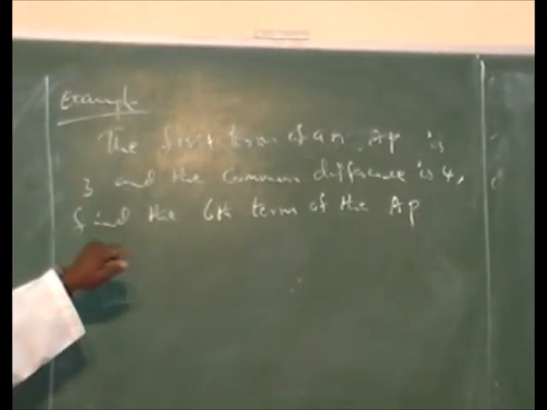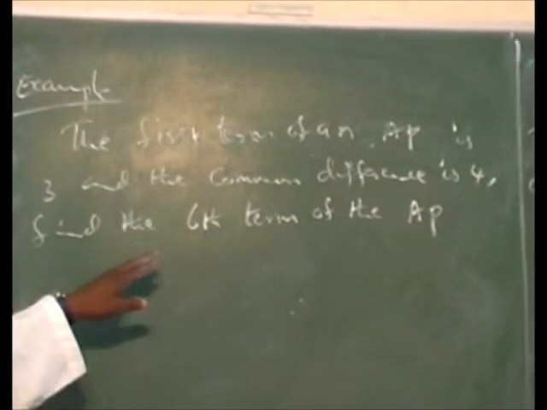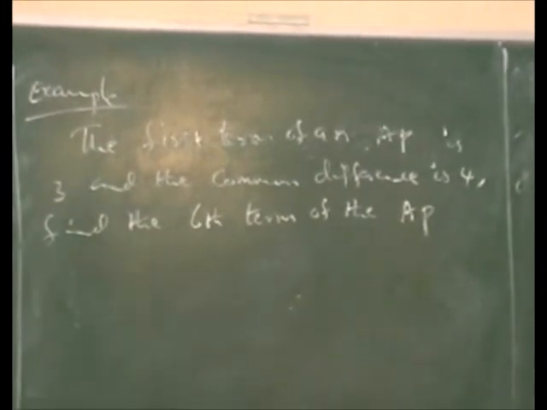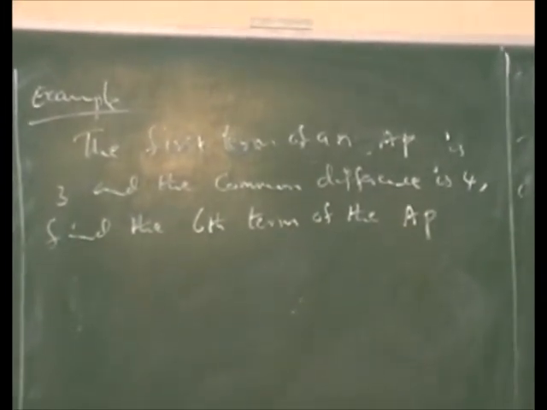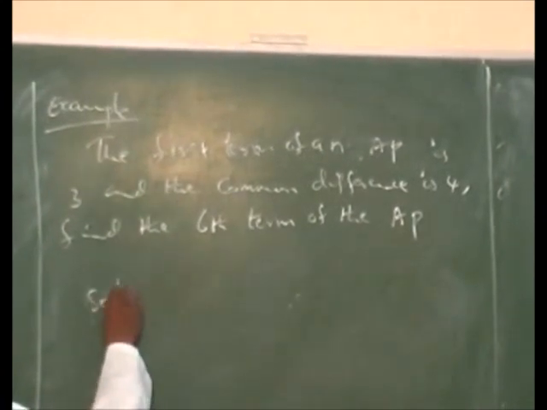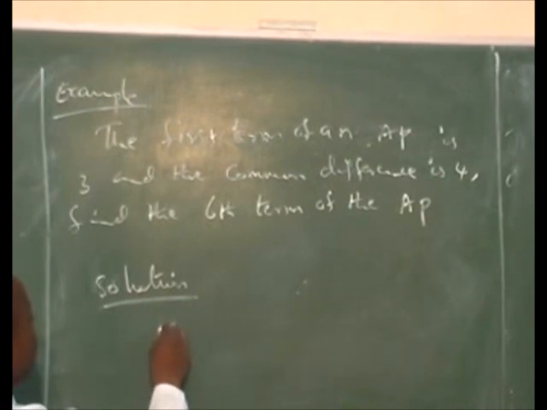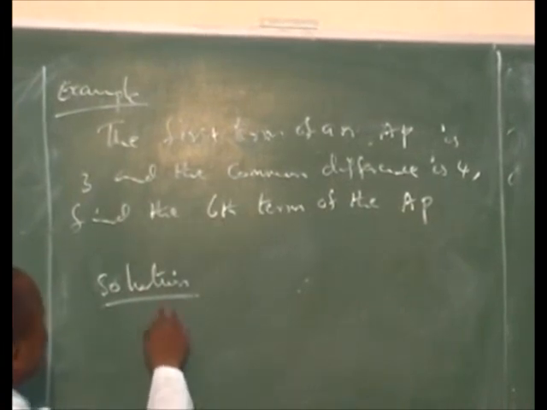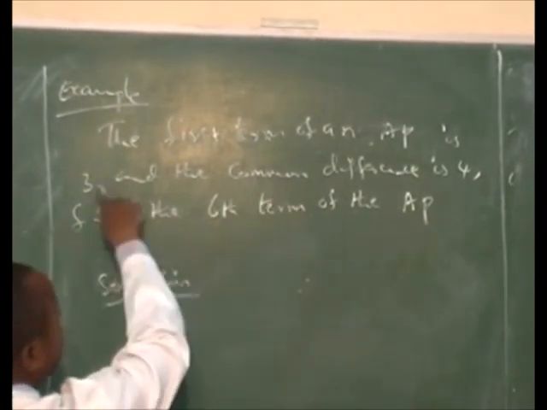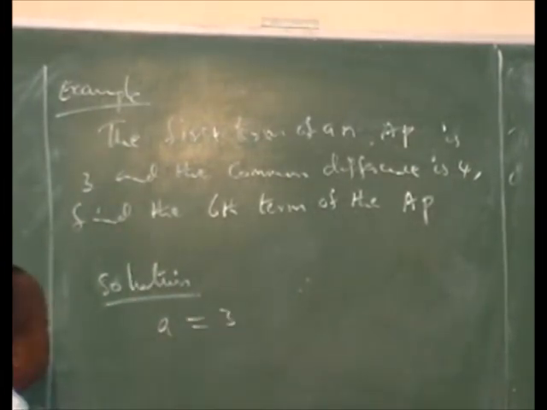The example is this. The first term of an AP is 3 and the common difference is 4. Find the sixth term of the AP. So solution, from this information, the first term of an AP is 3, so A is equal to 3 and the common difference, which is D, is equal to 4.